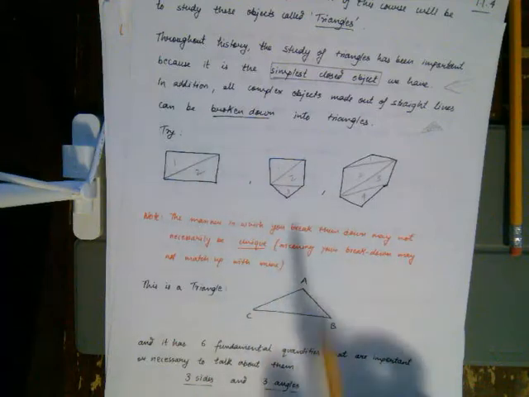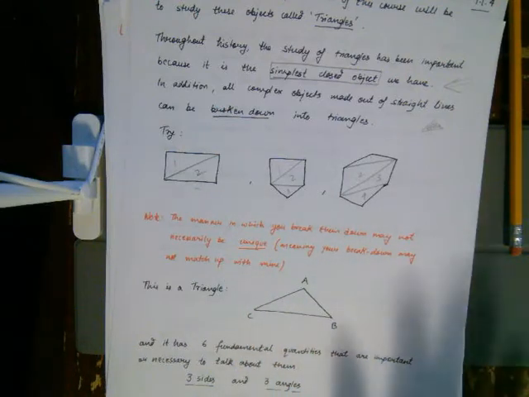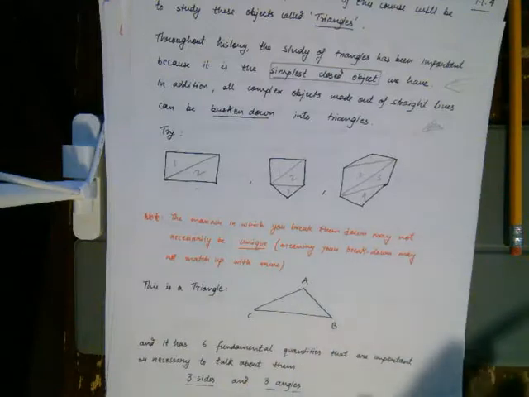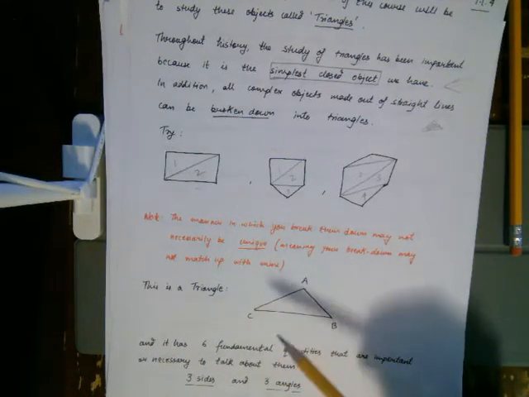Now the manner in which you break them down may not be unique. So if I were to ask you to submit how you did all of these, your drawings may not match with mine or with your classmates'. But that's fine, because all we are saying is that this shape is important because if you take complex shapes, you can break them down into triangles.